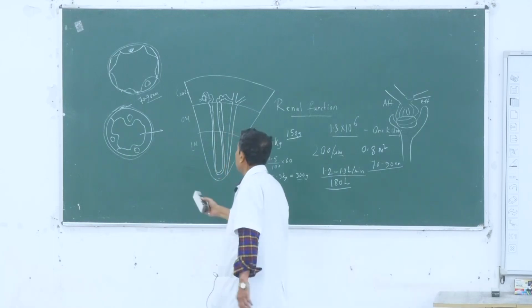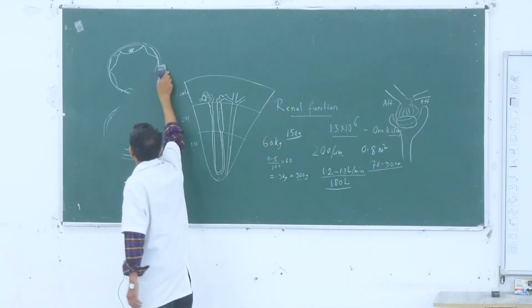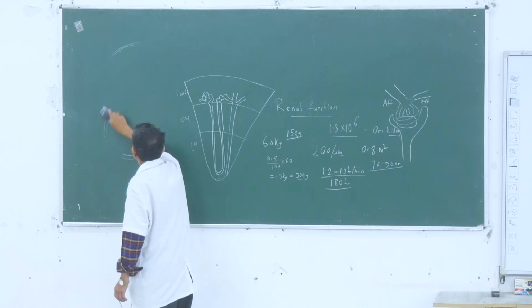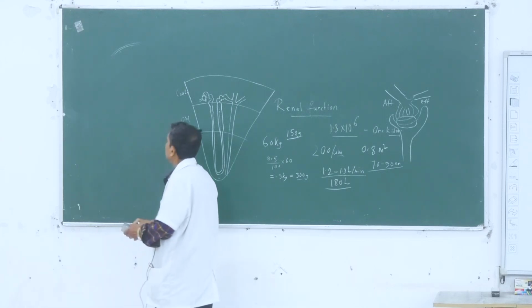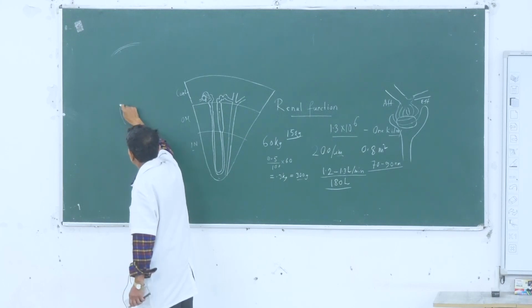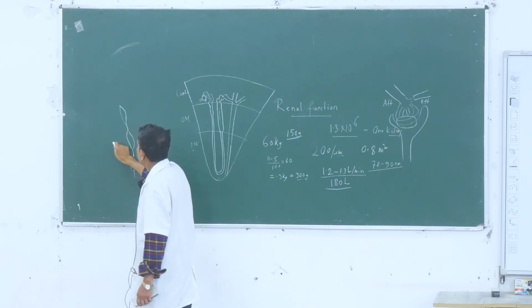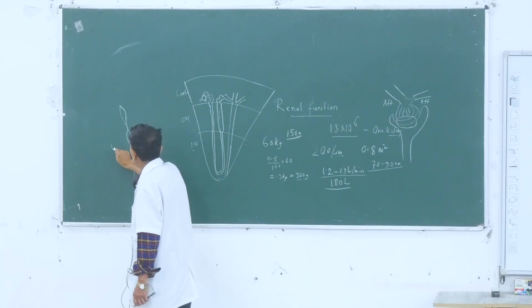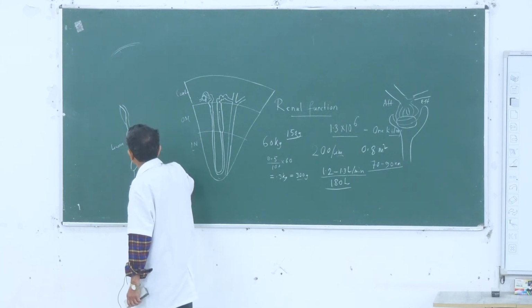The structure you will find in your textbook in this way, very good figures. This is the epithelial cell, that is the fenestration, another part of an epithelial cell, and it is the blood. Here there is the lumen of the capillary, and it is the basal lamina, and there are the podocytes.